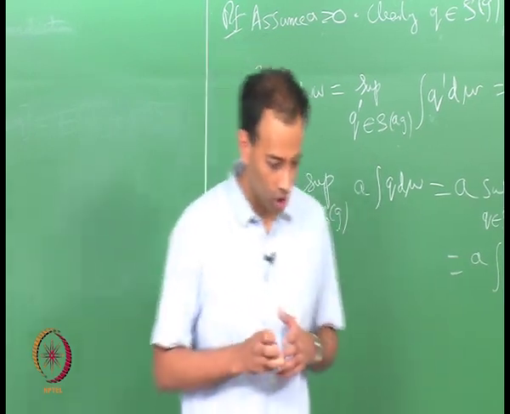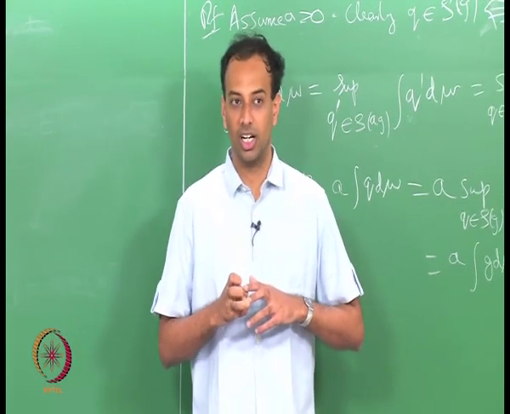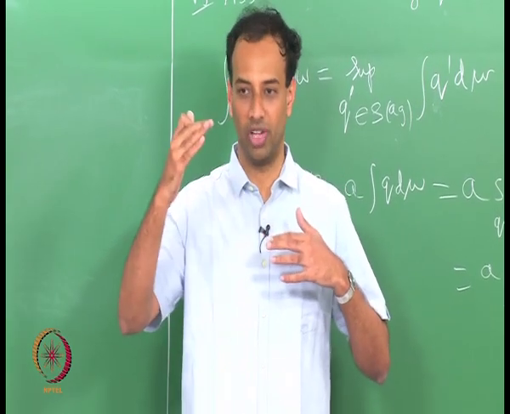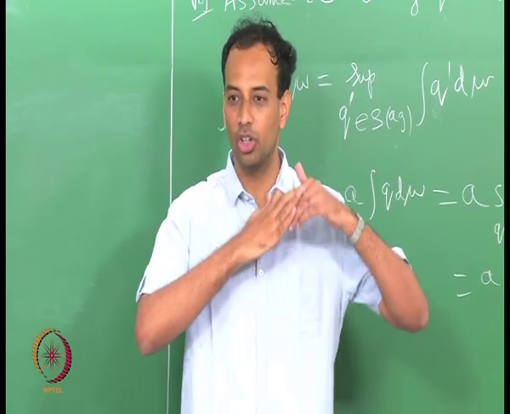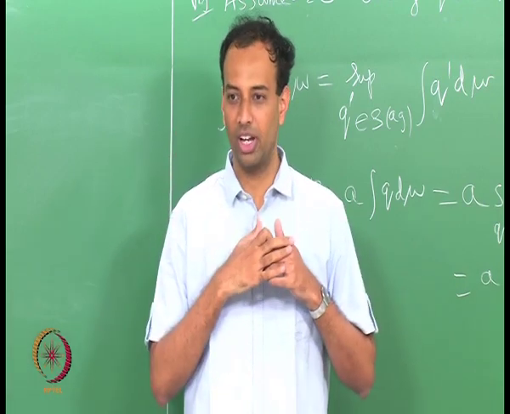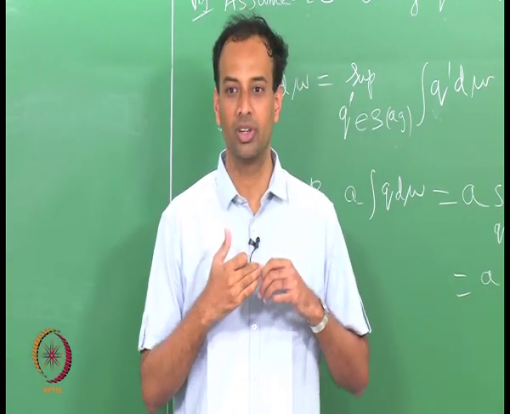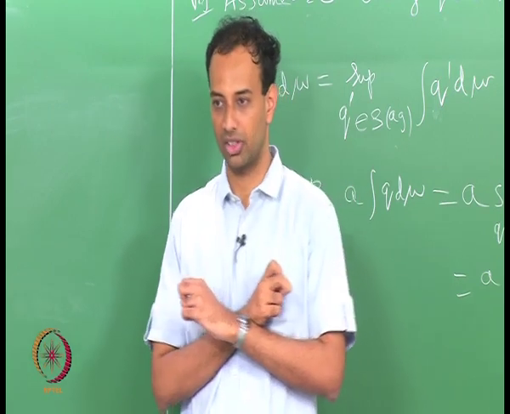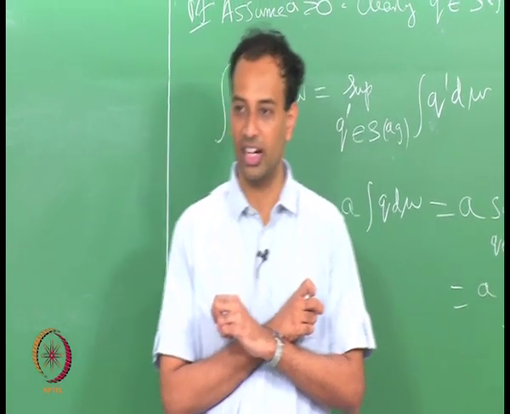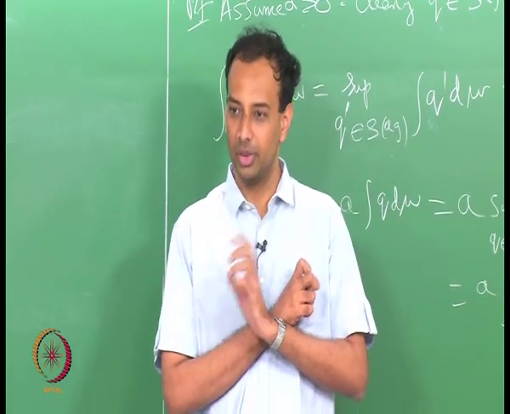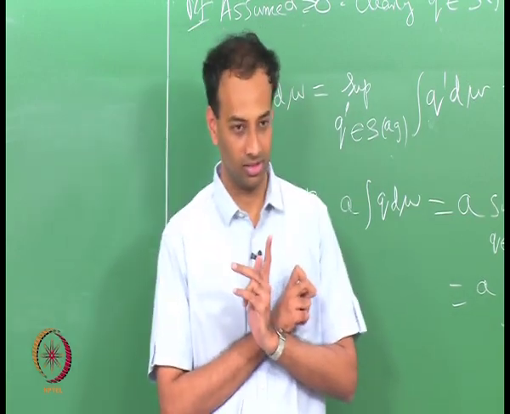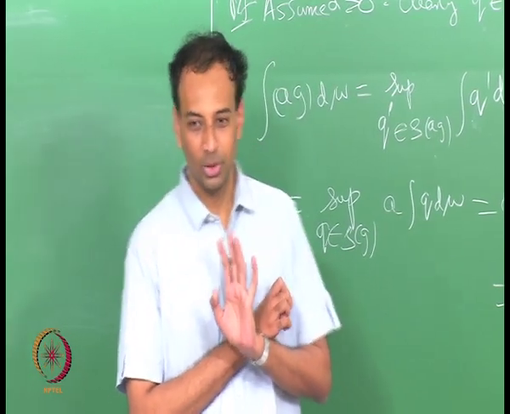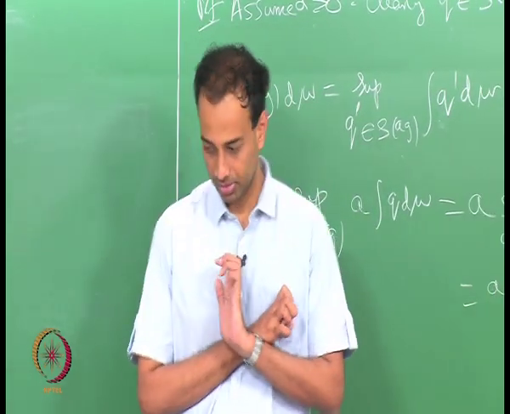The monotone convergence theorem says, if f_n converges to f in a monotone way, suppose f_n monotonically increases and converges to f, or f_n monotonically decreases and converges to some f, then you can interchange limit and integration. In that case, the limit of the integral is equal to the integral of the limit. That is what the monotone convergence theorem says. It is actually fairly simple to state.